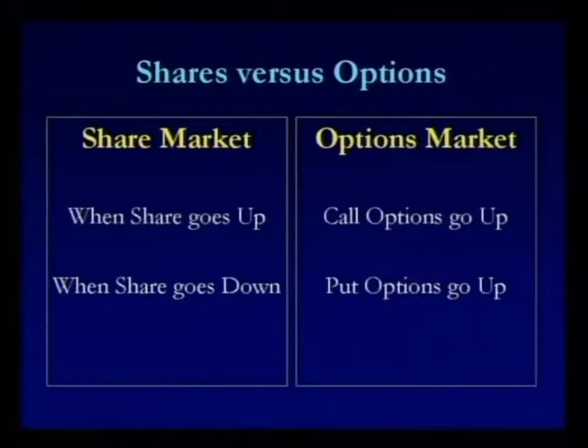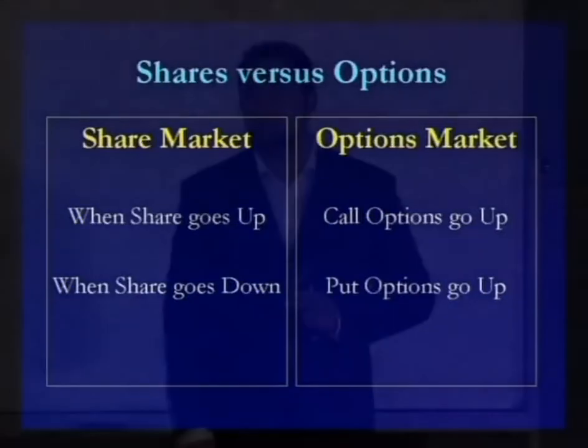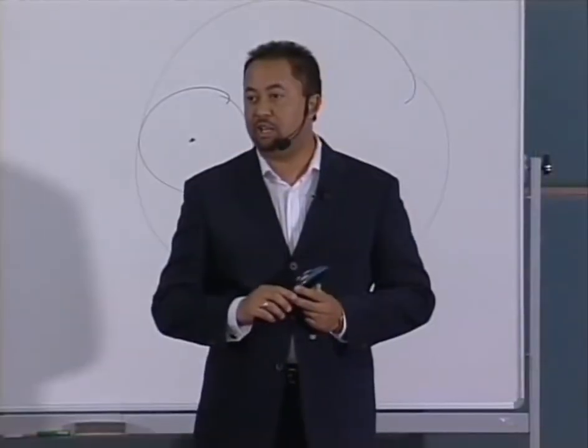When shares go down in value, guess what? By the way, if you bought shares and they're going down in value, would you be making or losing money? You would be losing money. However, if you then purchased a put option, it will actually go up in value. Can you believe that? Who thinks that's amazing?